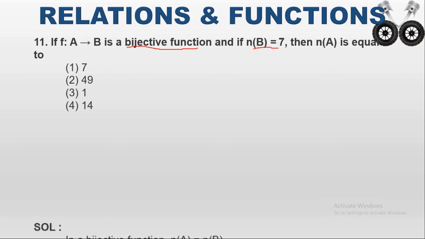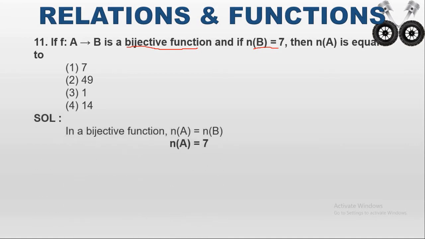So how can we find it for a bijective function? As already said, it is a one-to-one function as well as an onto function. So what is a one-to-one function? Any function in which a distinct element in set A is mapped to a distinct element in set B. In one-to-one functions, set B may have some more elements, but we map to distinct elements.